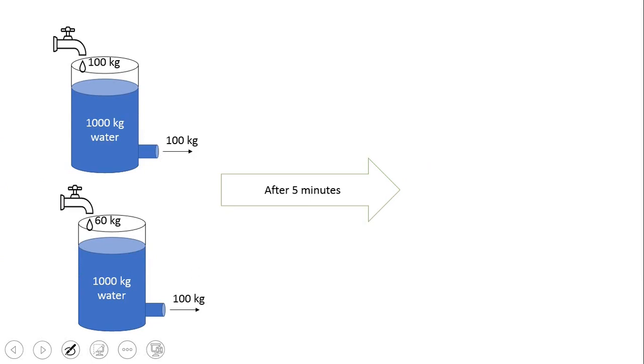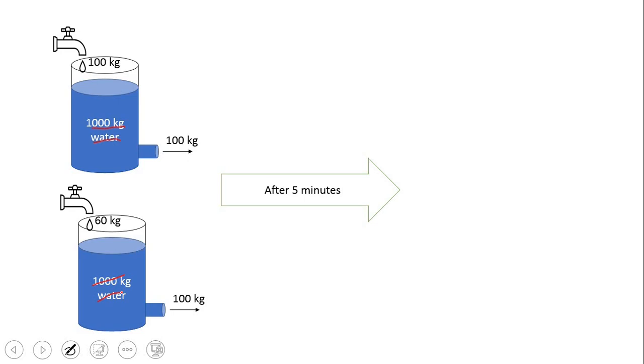So let's have an example to illustrate what I mean by steady state and unsteady state. In this example, we have two containers containing 1000 kilograms of water.